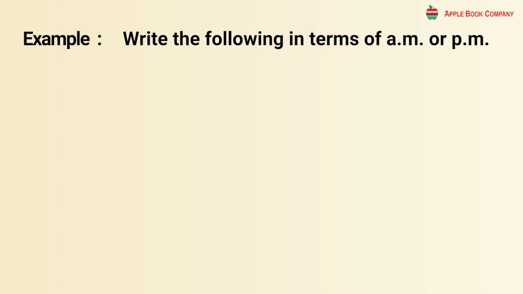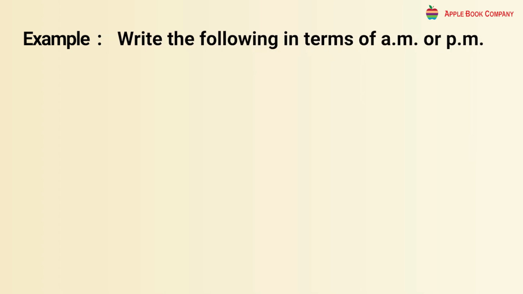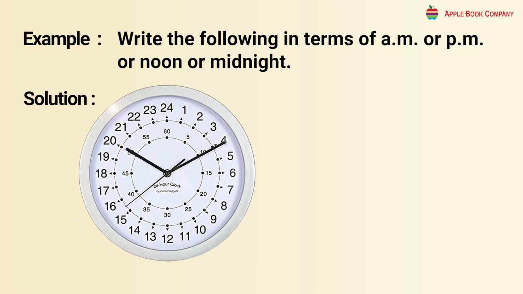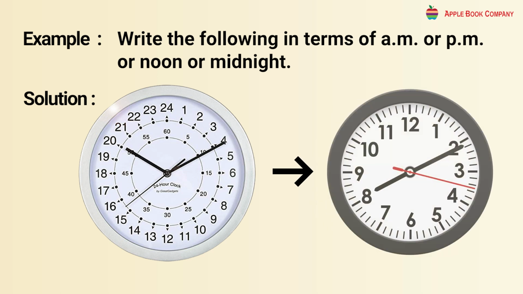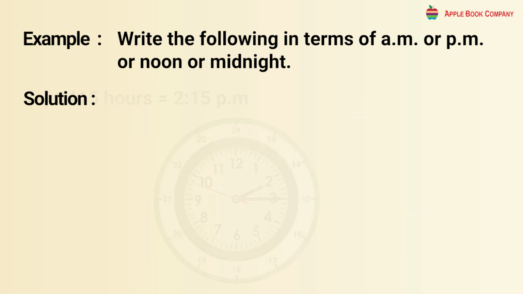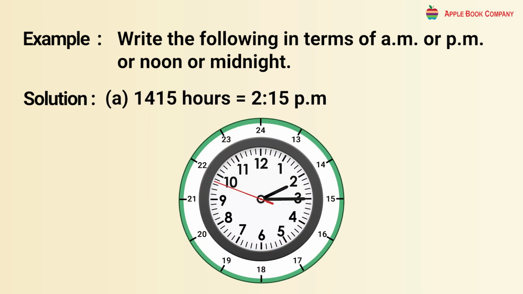Example: write the following in terms of AM or PM or noon or midnight. Solution: using the rules for converting 24-hour clock time to 12-hour clock time, we have: A) 1415 hours equals 2:15 PM.